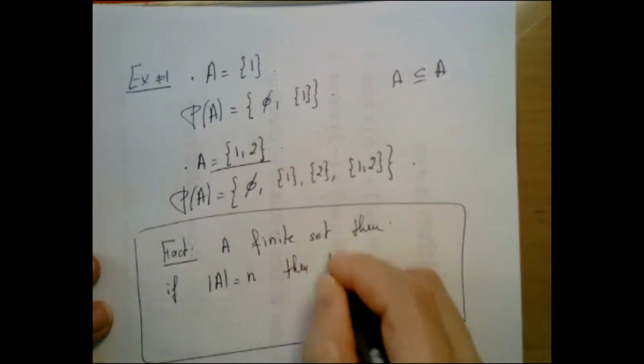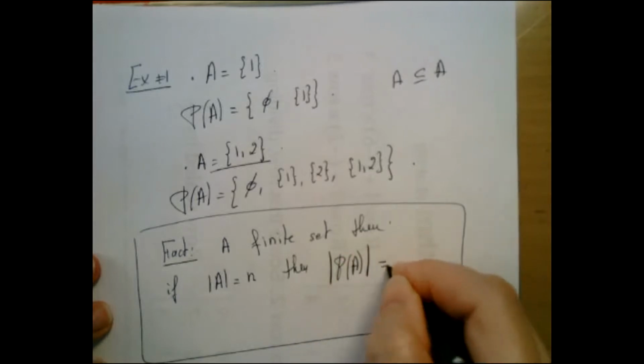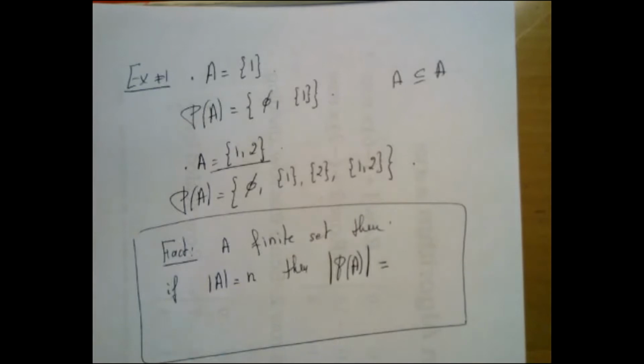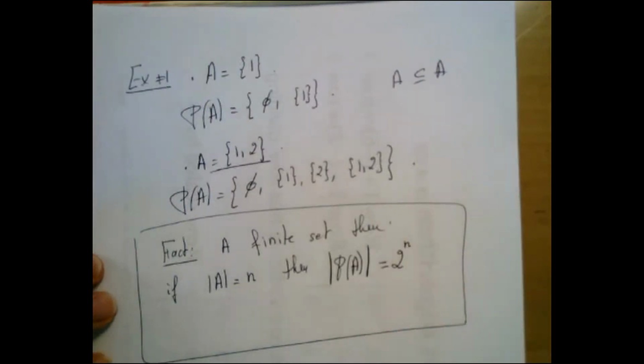Then the cardinality of the power set is 2 to the power n. The book has a proof, but I will show you the proof later myself. It's a very useful fact.